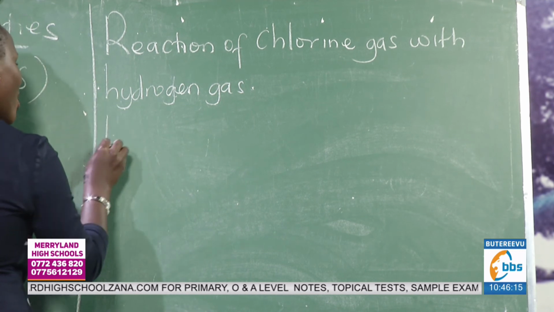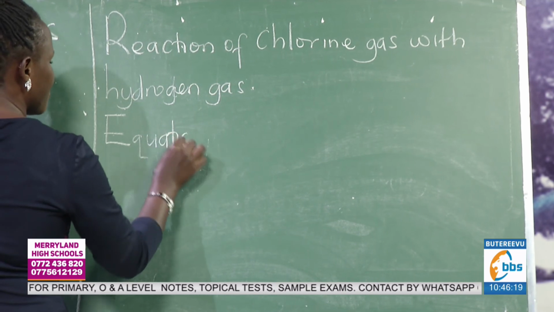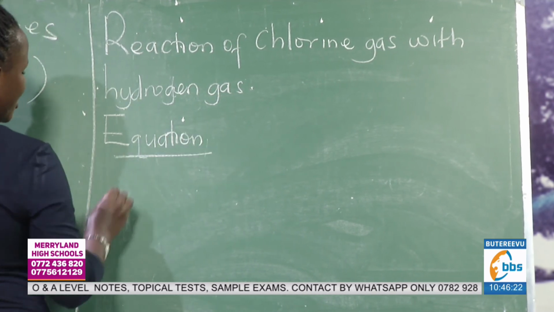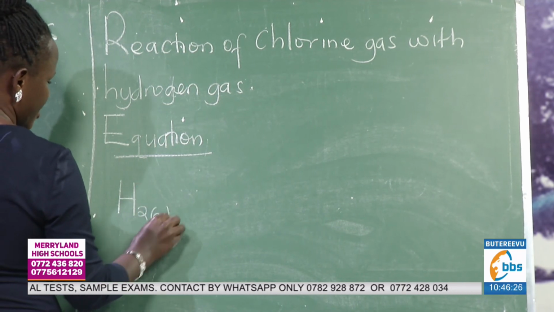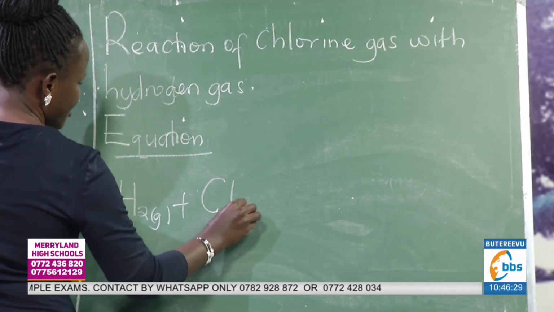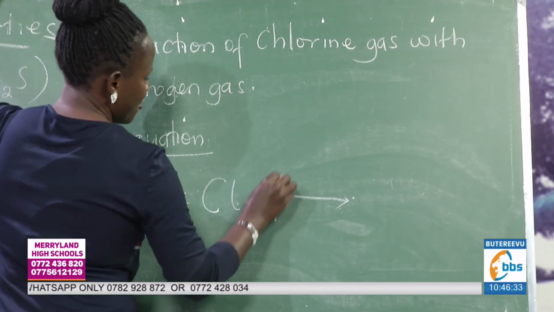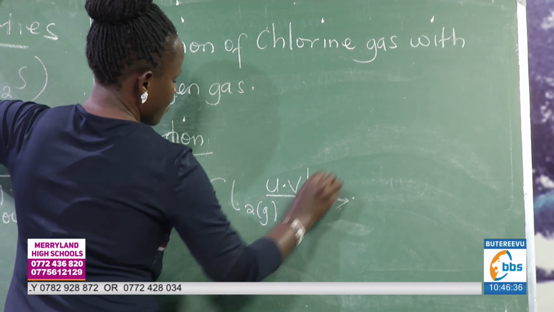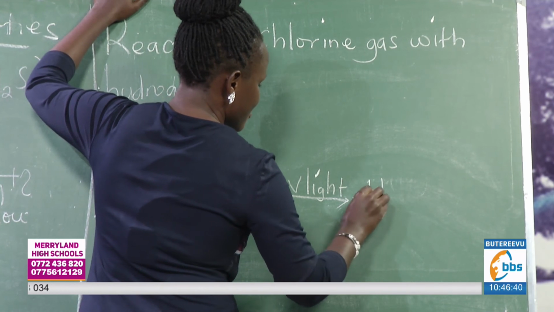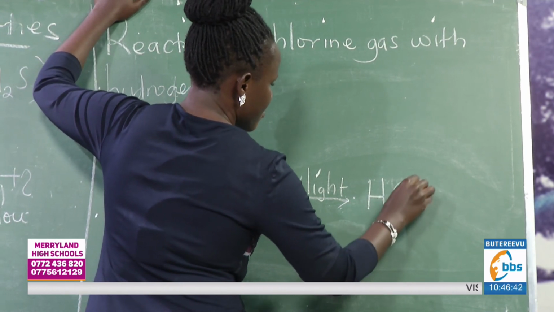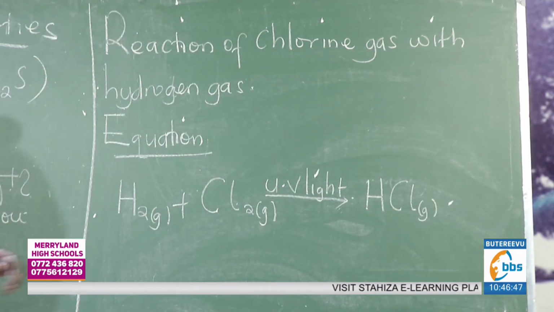So what will our equation be like? Our equation for the reaction, we shall have hydrogen gas, which is diatomic, being reacted with chlorine gas, which is also diatomic, in presence of UV light, giving us HCl gas.